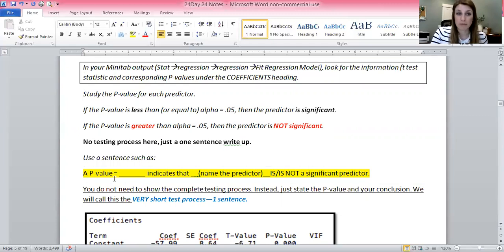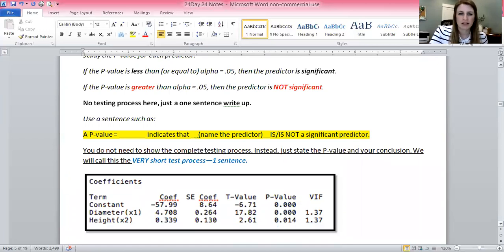Or you could say, with a p-value of 0.15, this indicates that that predictor is not significant. And you just tell me what the predictor variable is. You just have to list it. It's not like you're writing a whole statement about it. It's just a single sentence. And sometimes I'll just say which ones are significant, and then you just tell me. All right.